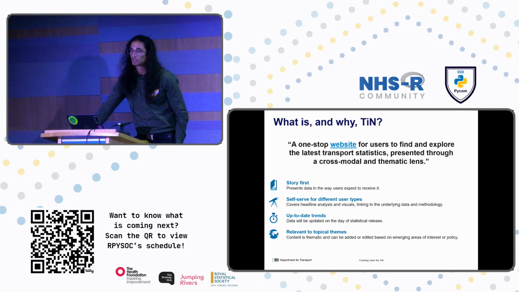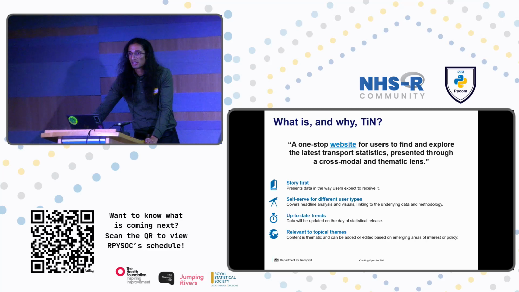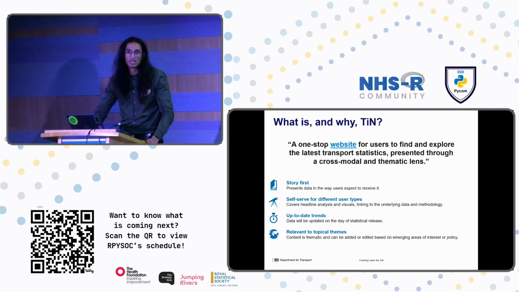So basically, as mentioned, it's a one-stop website to present all of the statistics that are produced by the department in one place, broken down by a thematic and cross-modal lens, i.e. just different topics. This is as a result of a piece of user engagement we did a couple of years ago, which highlighted some difficulties that users found when trying to navigate and use our statistics.